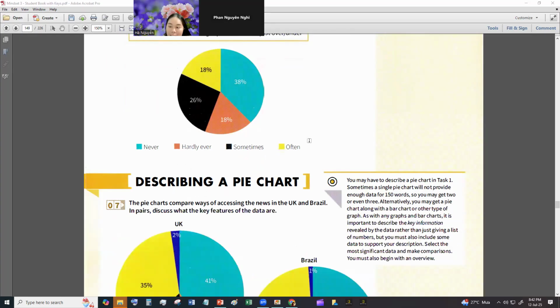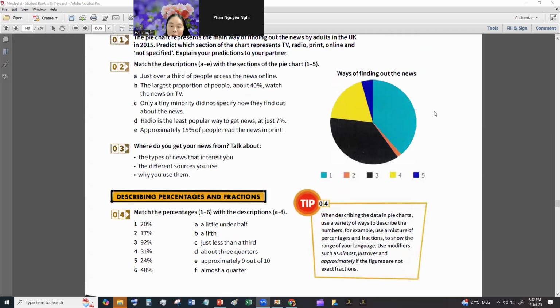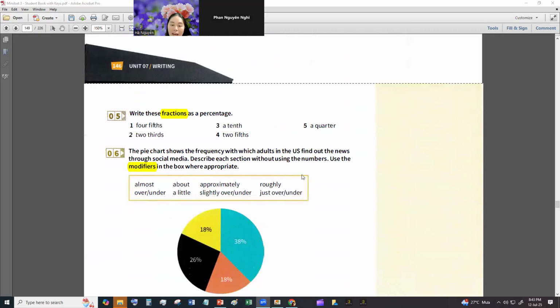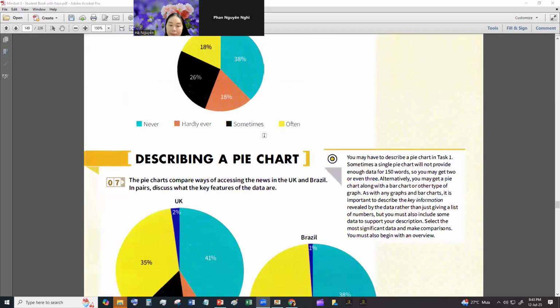Good job. Well done. So that's it for lead in. So in lead in, we looked at percentages and fractions. And remember that to vary your language, you should use them flexibly. Sometimes specific numbers and percentages, sometimes fractions and modifiers.